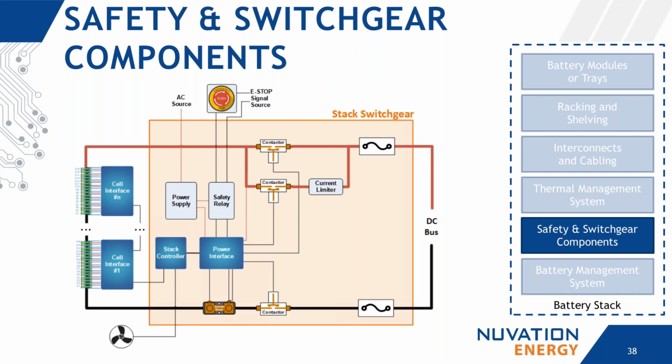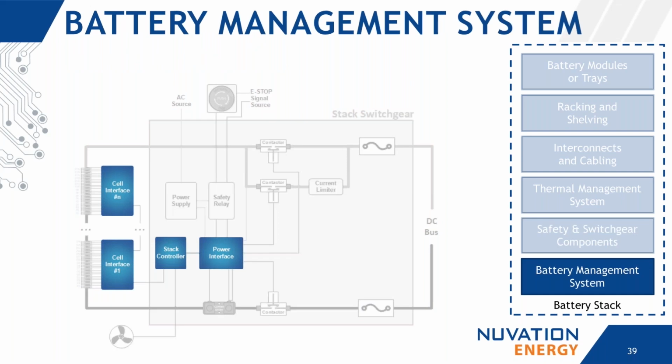And then stack voltage and current measurements are taken internally using the smarts behind this all, the battery management system. So this is our last section on stack design. As you can see, there are some BMS modules within the stack switchgear, along with the cell level BMS as discussed before for interfacing directly with the batteries.